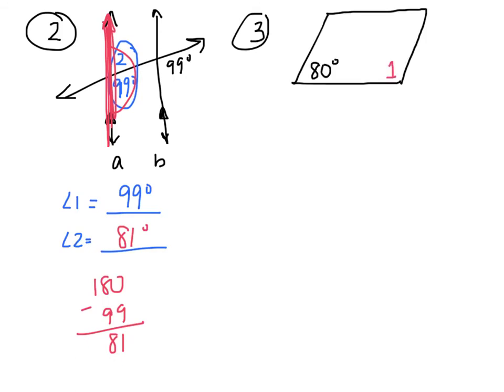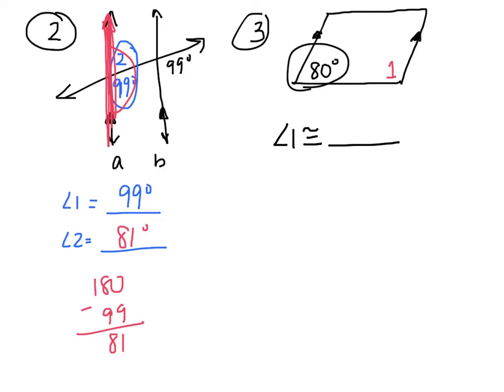Number 3. In number 3, I want to know the measure of angle 1. So in this problem, we are given 80 degrees as the angle here. So let's say this is a parallelogram. And parallelogram would mean that this side here is parallel to this side.